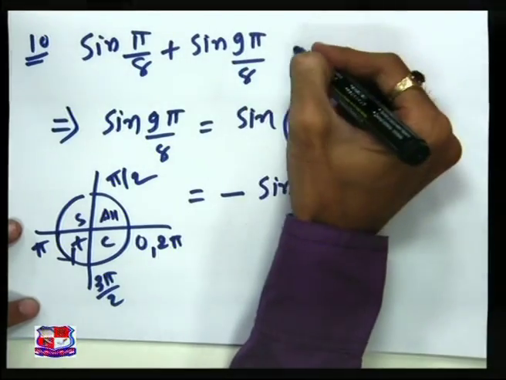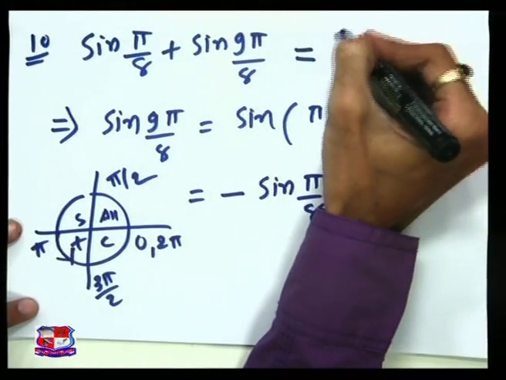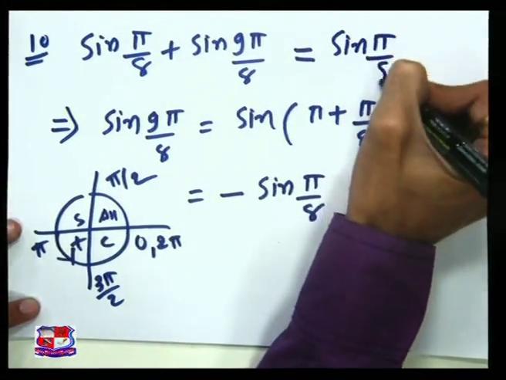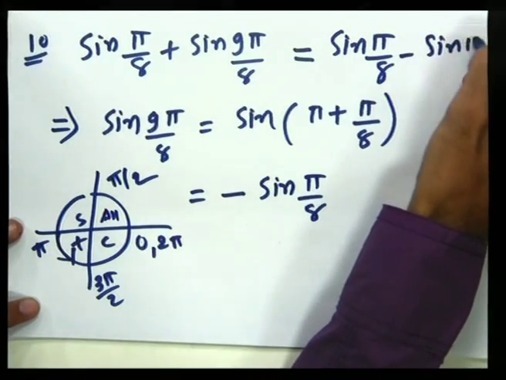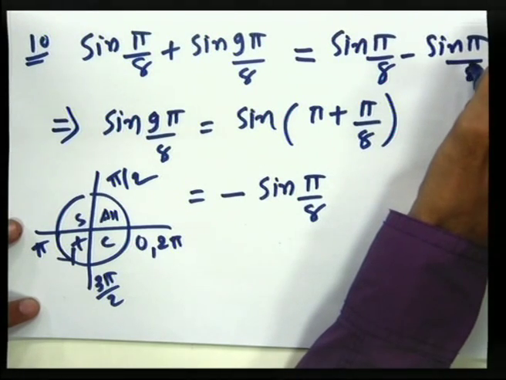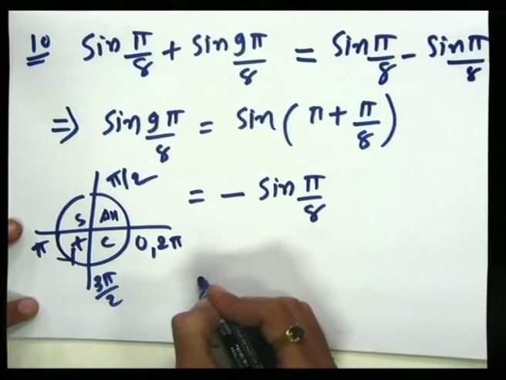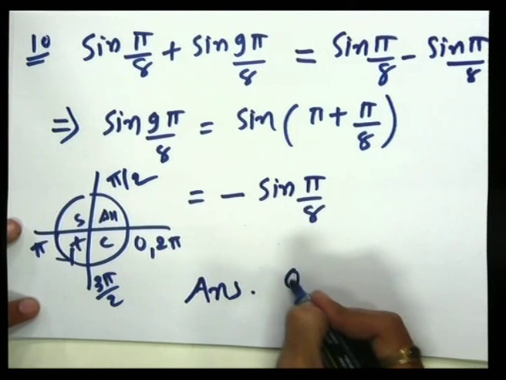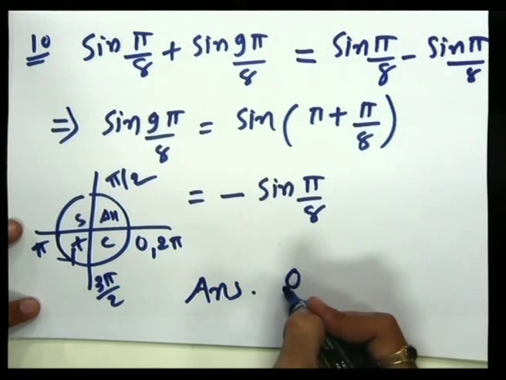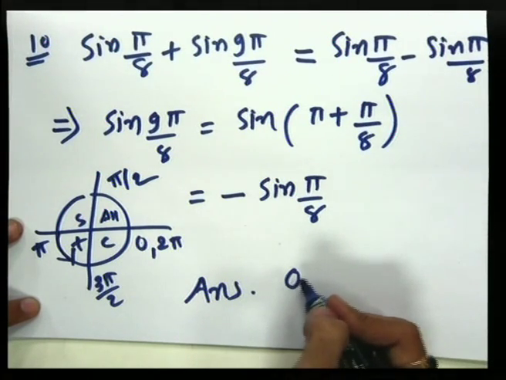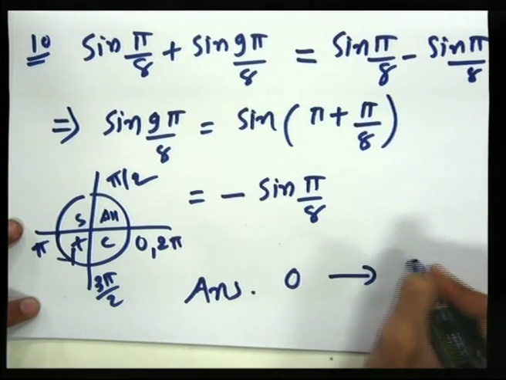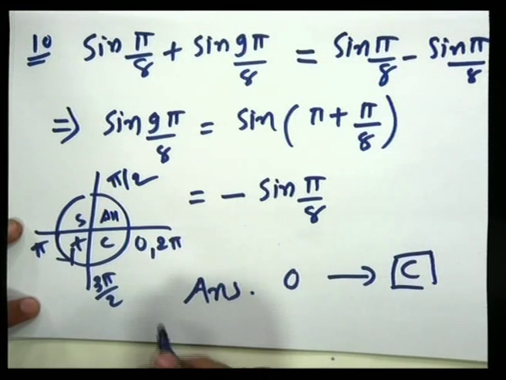So sine 9 pi by 8 is equal to minus sine pi by 8. So sine pi by 8 minus sine pi by 8 is equal to 0. So the answer is 0, and the 0 answer is given in option C, right? So our answer is C for the 10th one.